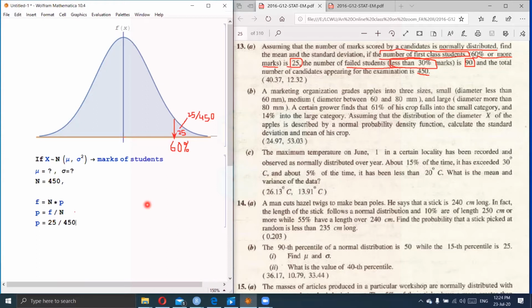So this is the fraction of the students who lie in this area. And for the students who got less than 30% marks, we will write here 30%.